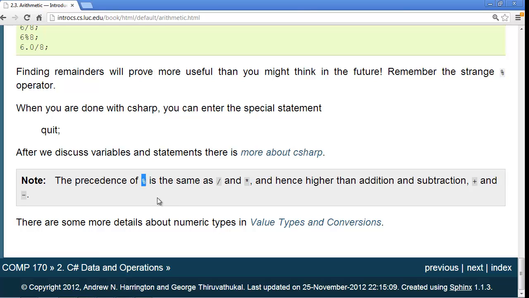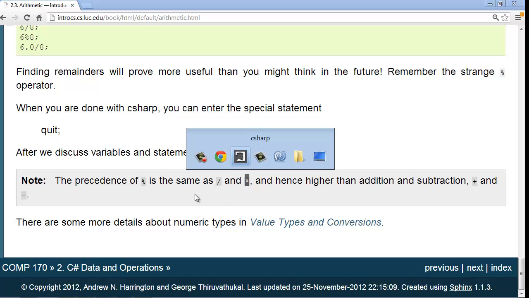So you need to note that the precedence of the percent operator, that is the remainder operator, is the same as for division and multiplication, because it's related to division, it makes sense, and hence, according to normal mathematical precedence, has higher precedence than addition and subtraction.